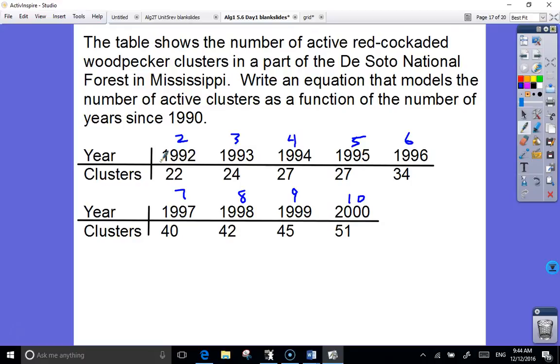This is what goes under L1, the blues, and then this is what goes under L2. It should be 2, 3, 4, 5, 6, 7, 8, 9, 10.